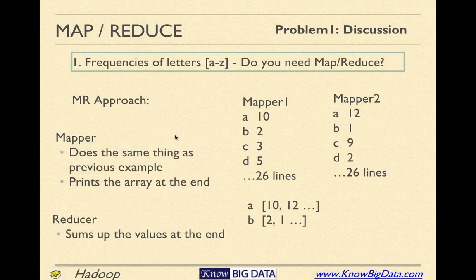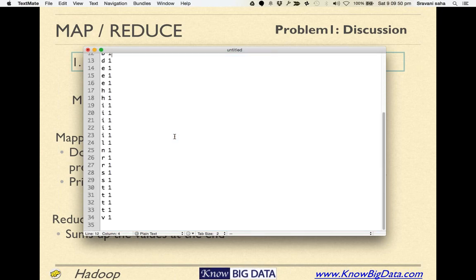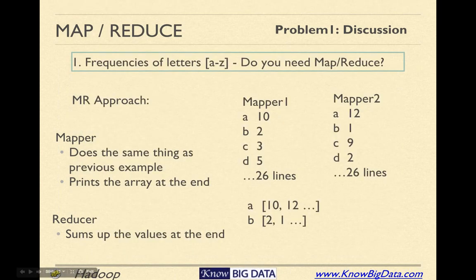We will go into the details, because each mapper is producing the key and the value, and that's getting shuffled and transmitted to the reducer, right? So if you see here, the reducer is getting that much data. Instead, each node could have computed just the frequencies instead of giving the list of all the letters, right?